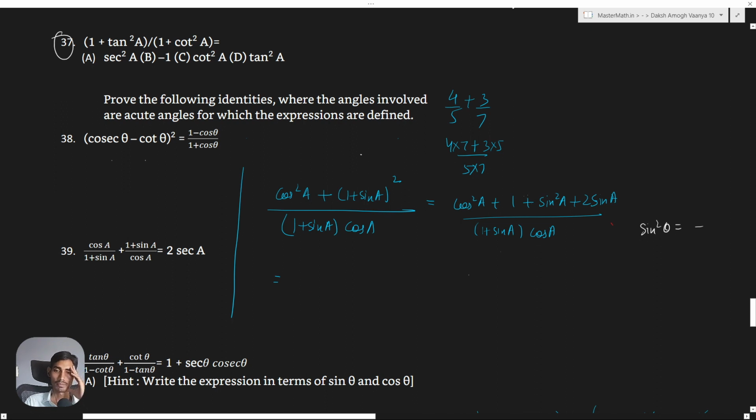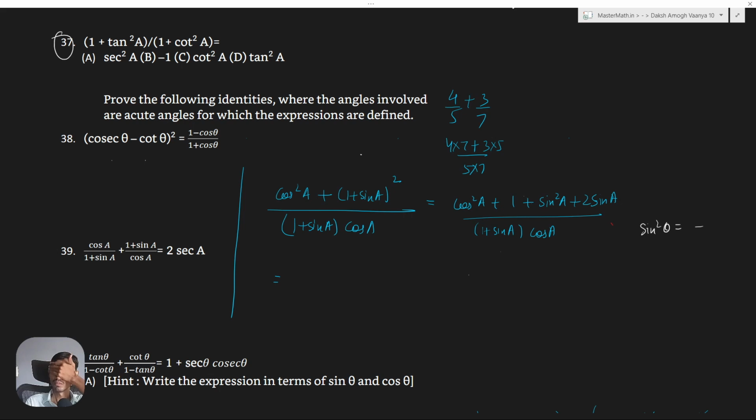What do we solve in the numerator? Which parts do you want to solve from the numerator? Cos square A and 1 plus sin square A. How do you solve that? We have to solve that only, but how? That's the question. What's the next step?